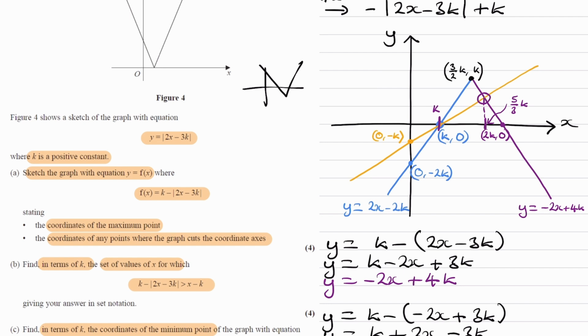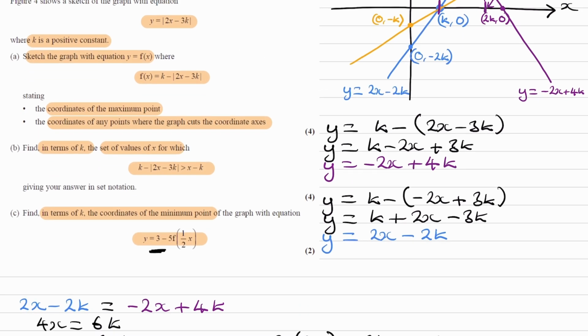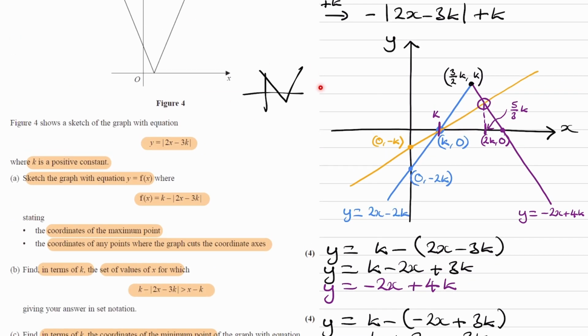And then the final transformation is the plus 3 over here, so everything moves up by 3 places. So the graph still looks something like this, just a little bit higher. Okay, so we can see from that graph that the minimum point is this point over here.